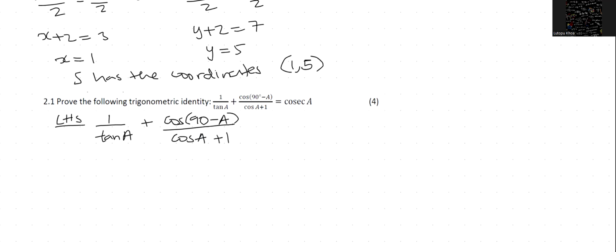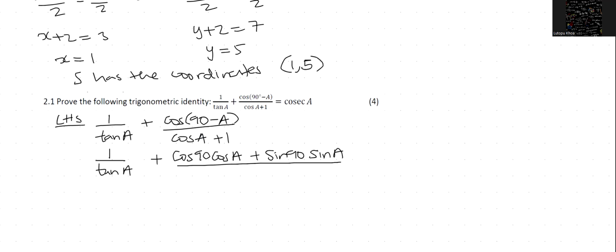Then we have an identity for the difference of angles. So we have 1 over tan A plus, the identity is cos 90 times cos A plus sine 90 times sine A, and this is all over cos A plus 1.